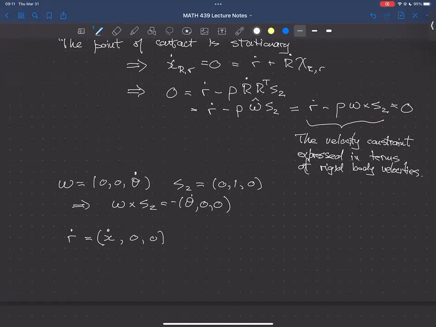Therefore the constraint reads x dot plus rho theta dot is equal to 0. In other words, x dot is equal to minus rho theta dot. That's why it's called a velocity constraint, because it's a constraint on the velocities.